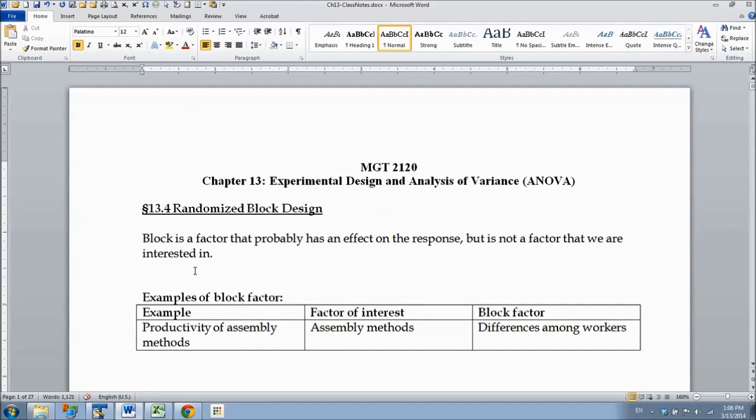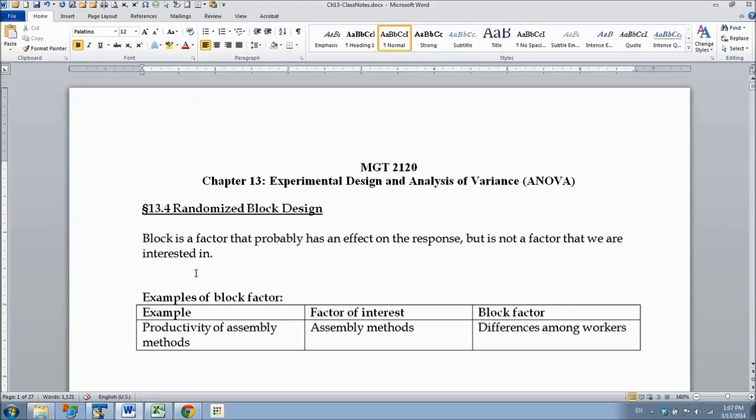But the productivity may also be variable due to the skill levels of workers. So different workers with different experiences may contribute to the productivity as well. But we are interested only in the productivity contribution by the assembly method, and we are not interested in the differences contributed by the differences in the worker experience and skill level.